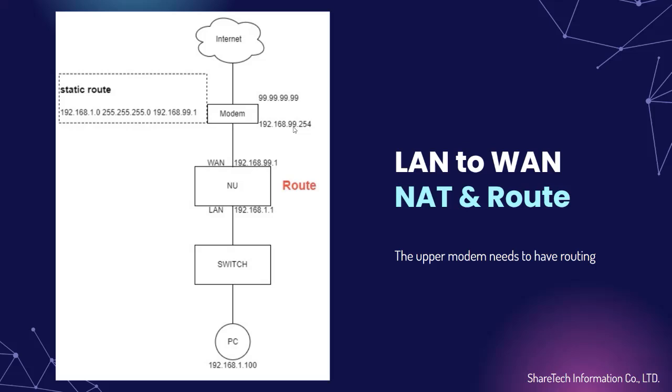When it reaches the modem, it can still carry its original IP 192.168.1.100. So in this architecture, it is important to note that the upper layer equipment must have a static route for NU LAN segments to function properly.